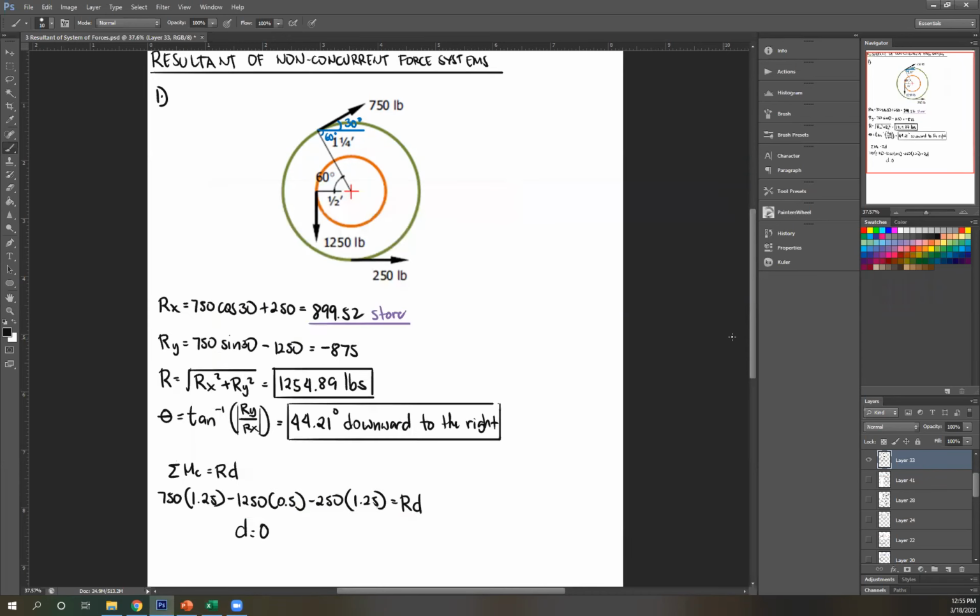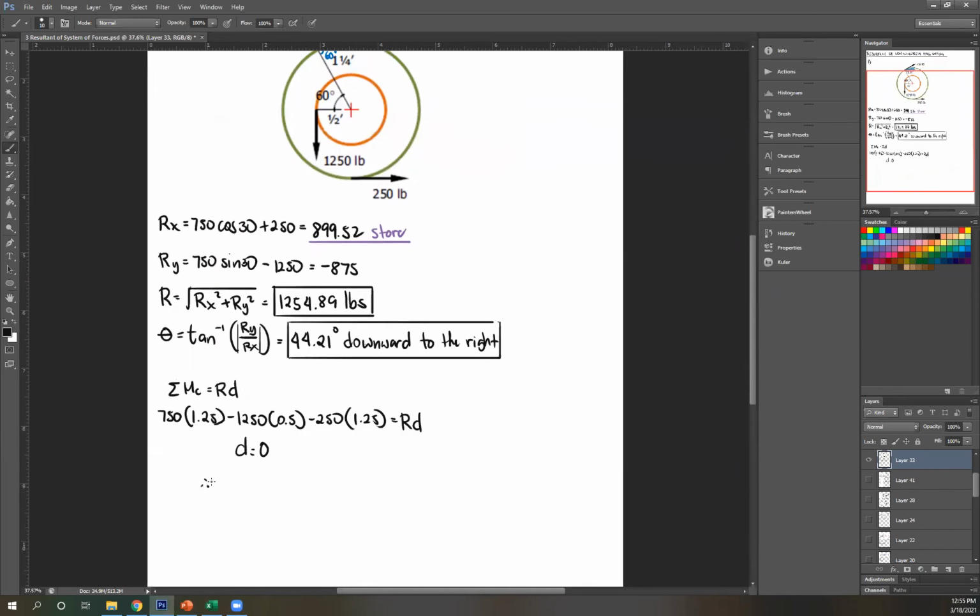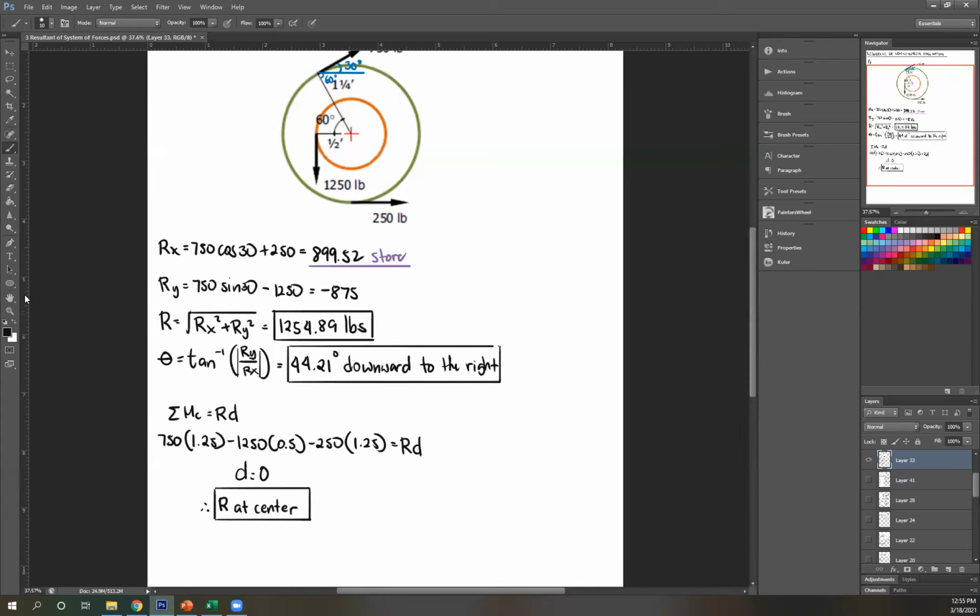Correct, 0. So therefore, where is your resultant? At the center, or center of axis.